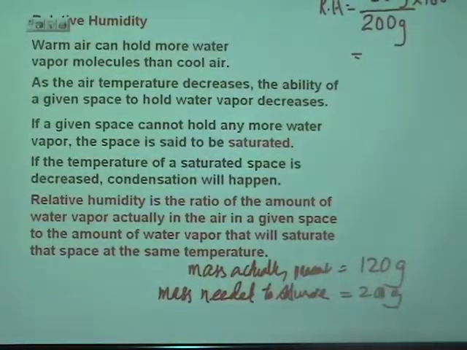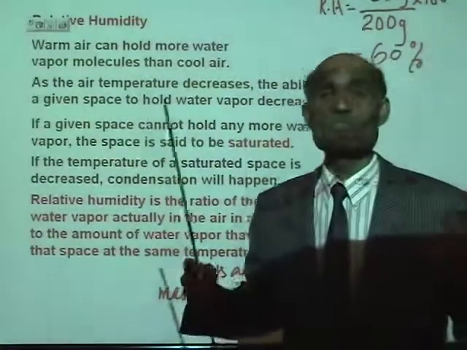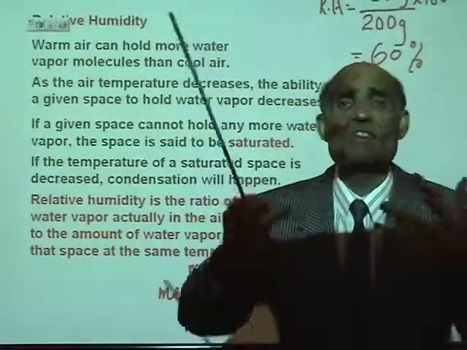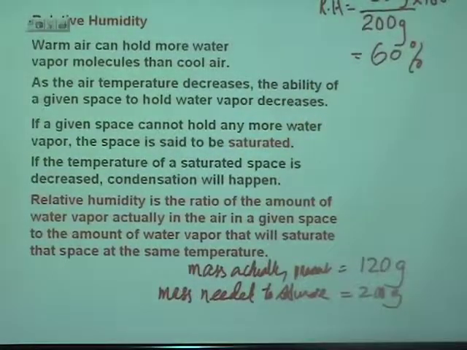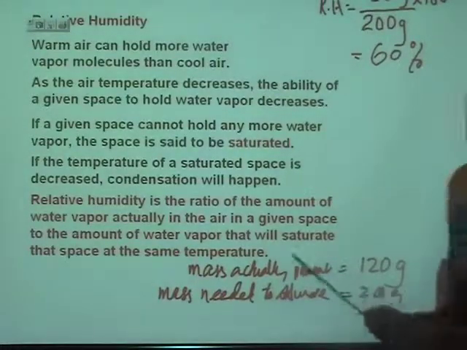Can you tell me what this is? Isn't this 60%? Yes. So that tells me the relative humidity in this room now is 60%, a very comfortable value. Alright, let me write down the equation for you for relative humidity.